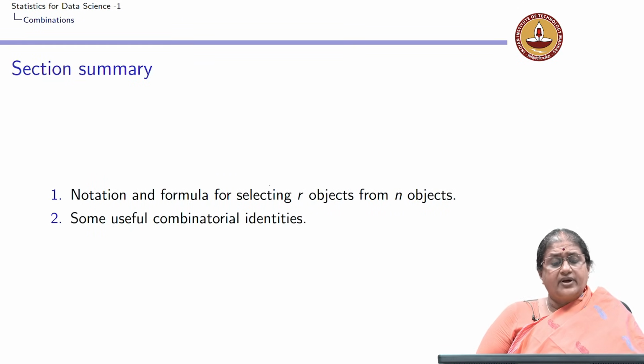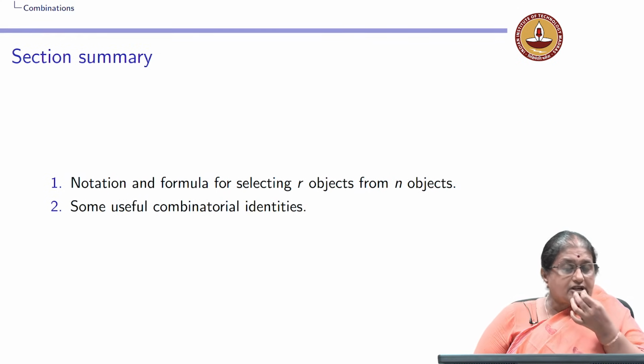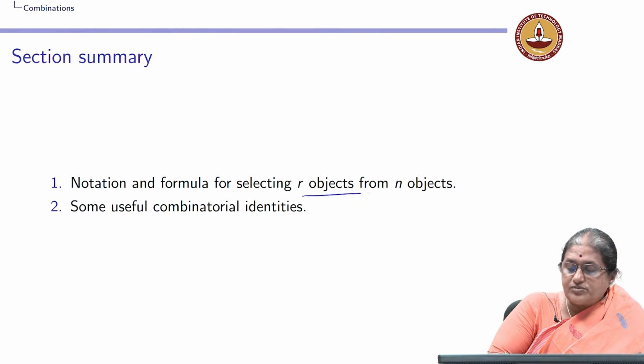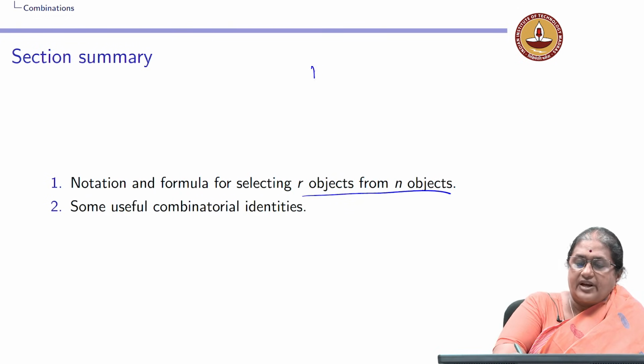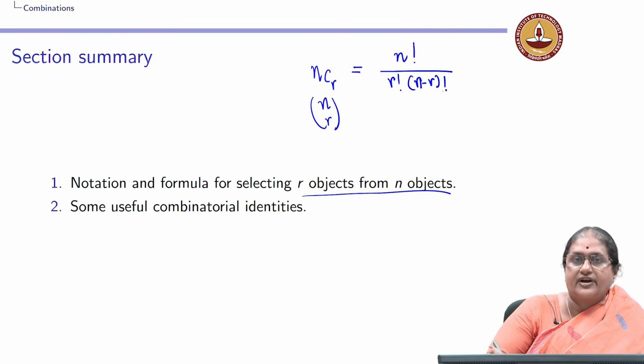So, in summary, we gave the notation and formula for selecting R objects from N objects. We represented that by N choose R, the binomial coefficient. We saw N choose R is given by N factorial by R factorial into N minus R factorial.